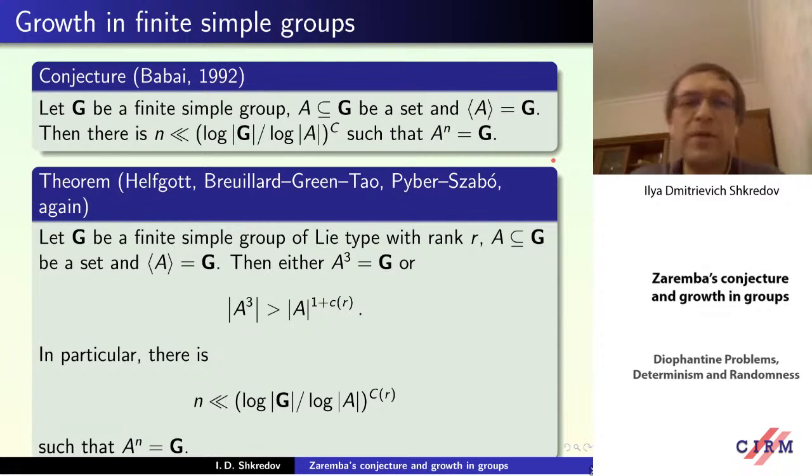Babai's conjecture is known to be true for groups of Lie type. It's a generalization of a result of Helfgott by Breuillard, Green, Tao, and Pyber, Szabó. They prove that this exponential growth holds for any finite simple group of Lie type, or any Chevalley group, and in particular it implies Babai's conjecture for such groups.